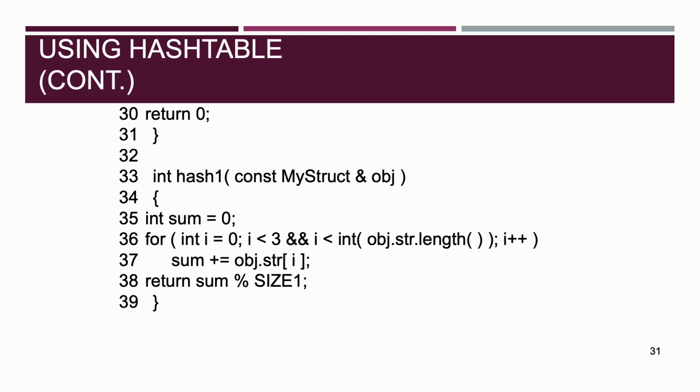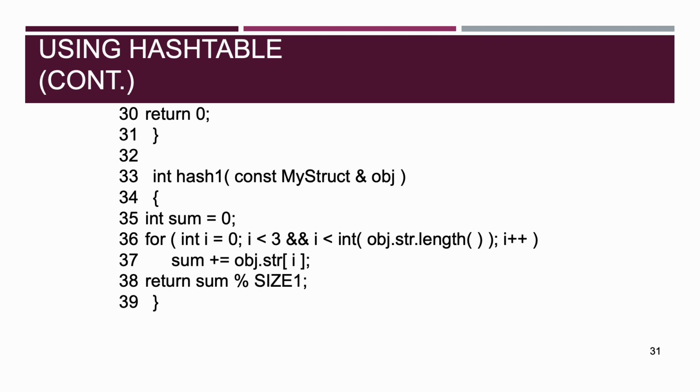Then we have integer hash1, which defines a function hash1 that takes a constant reference to a my struct object and returns an integer. Then we have integer sum equal to 0, which initializes a sum variable to store the cumulative ASCII value of characters in the string field. The for loop iterates over the first 3 characters of object dot string, or fewer if string dot length is less than 3.